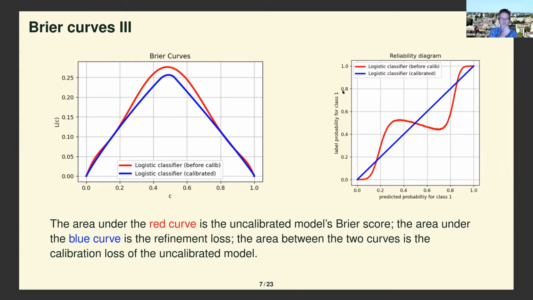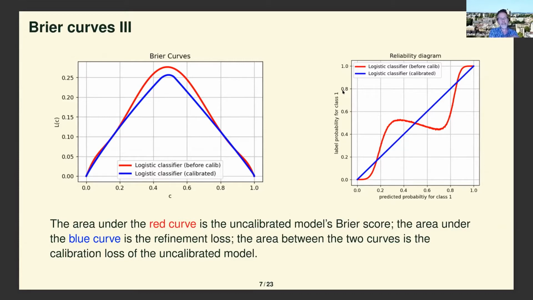We trained the logistic classifier, that's the red curve, and we calibrated the logistic classifier, which gives us the blue curve. And as you can see on the right, in the reliability diagram, the red curve has some calibration issues, whereas the blue curve is perfectly calibrated.